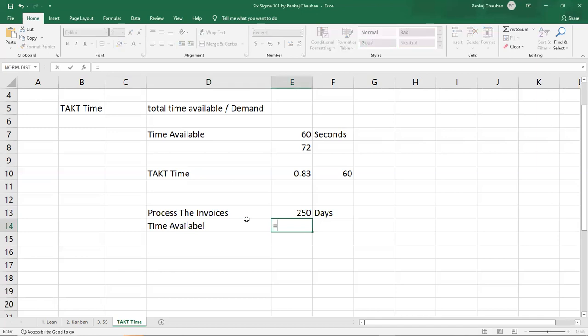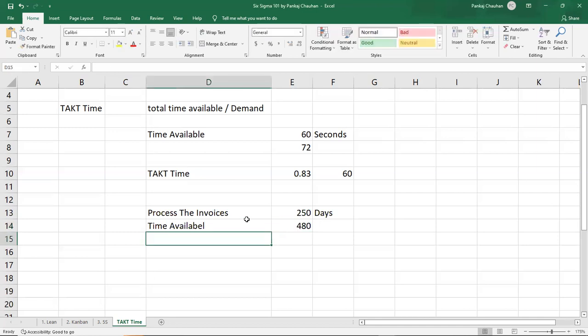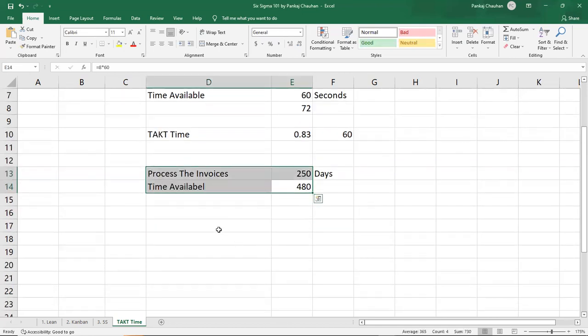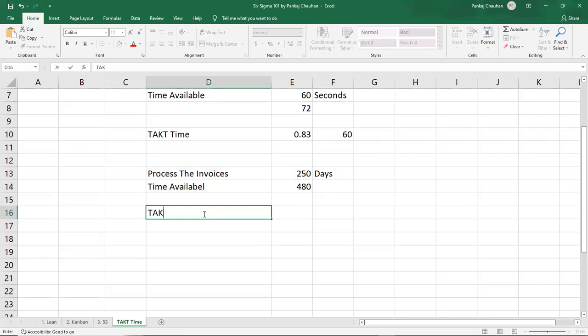Total time available is 8 hours, which converts to 480 minutes. So what is my TAKT time, which means how I should be able to complete all these 250 invoices within the given 480 minutes. That will be the TAKT time.